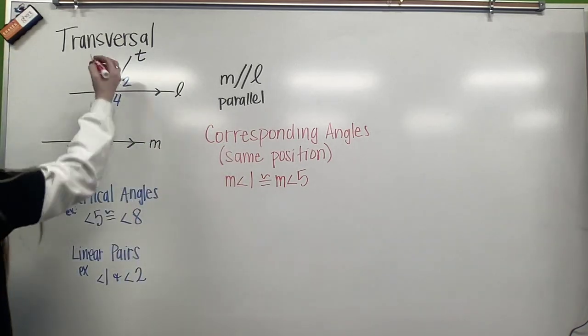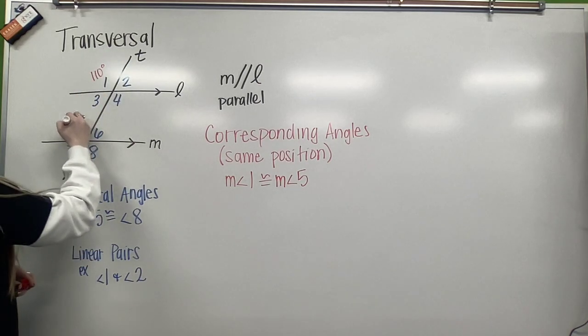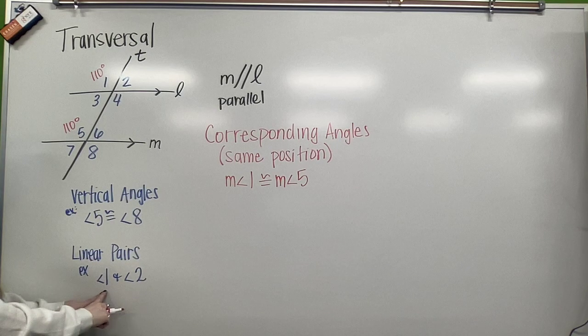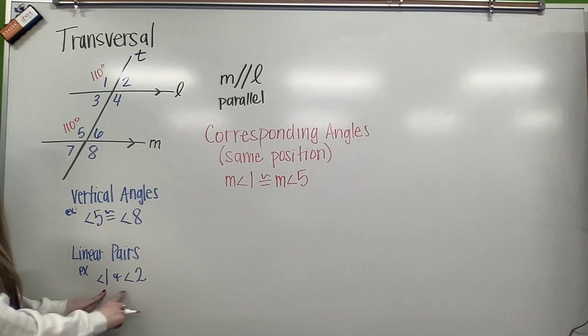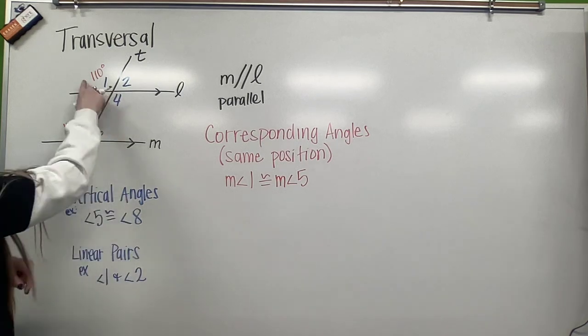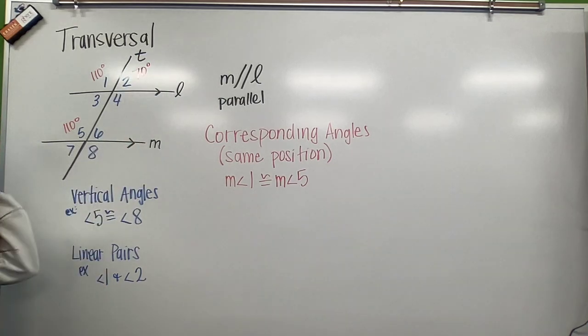So if angle 1 was 110 degrees, that means angle 5 is 110 degrees. And because we know angle 1 and angle 2 are linear pairs, they have to add up to 180 degrees. I now know angle 2 is 70 degrees.